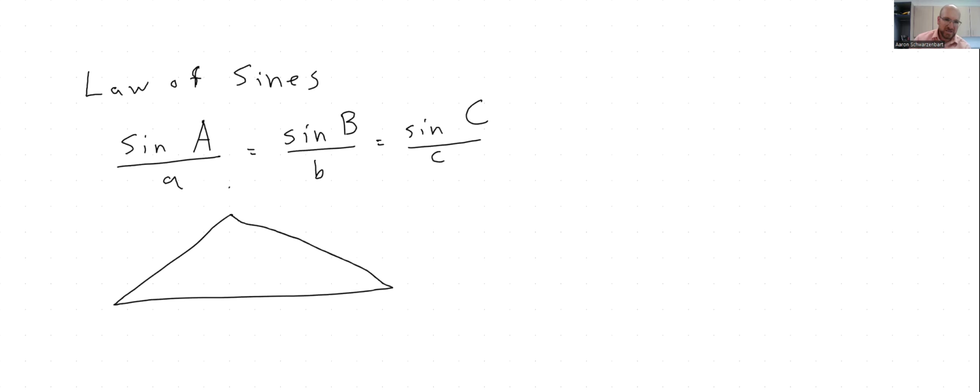But the capital letters imply angles and angle measures, A, B, and C. The lowercase letters are side lengths, and they must be across from. So notice that lowercase a is the side across from angle A, lowercase b is across from capital B, and lowercase c is across from this.